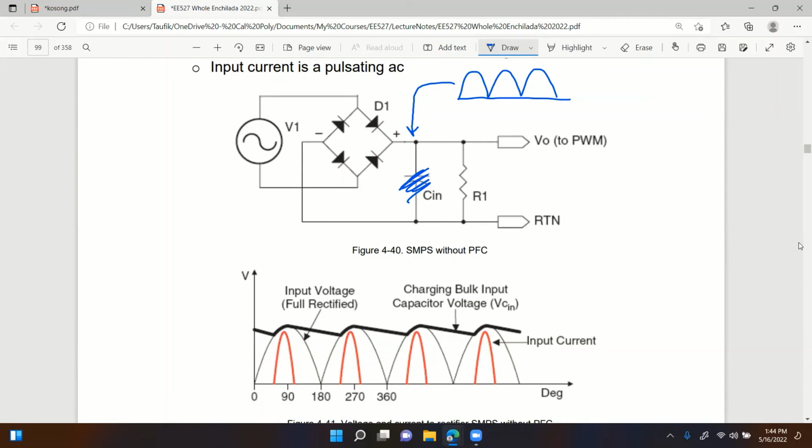And so you have to have a very good DC to DC controller to regulate the output voltage into a flat output voltage that has small ripple.